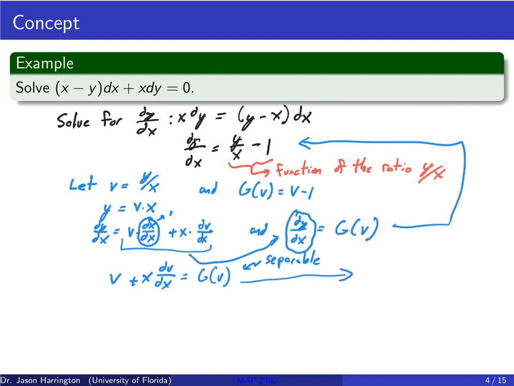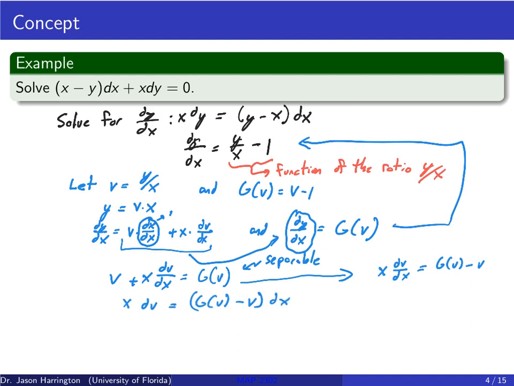So then I want to put all the v's on one side. I'll have x dv over dx is equal to g of v minus v, and then if I multiply both sides by dx, I'll have x dv is equal to g of v minus v times dx.